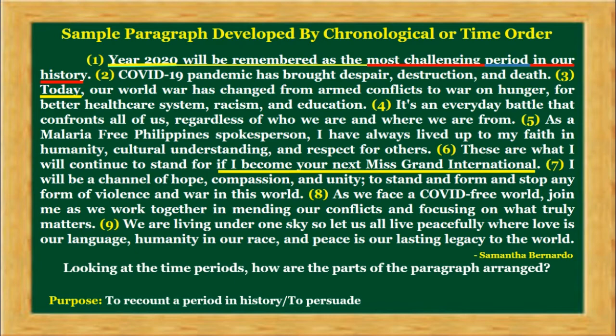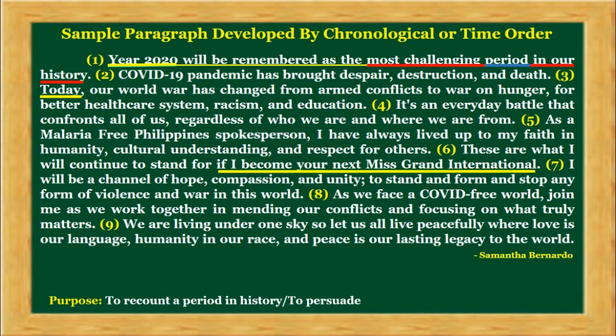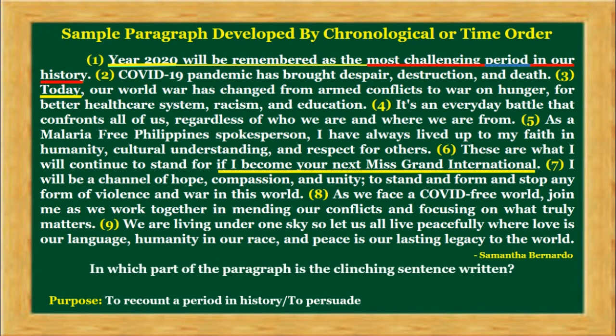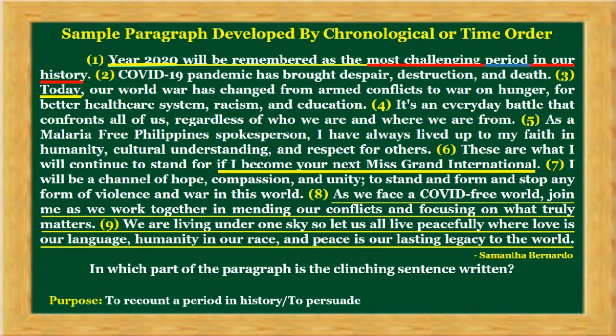The parts of the paragraph are arranged from past to the future. In which part of the paragraph is the clinching sentence written? The clinching sentence is written in sentences number 8 and number 9. What is the purpose of the clinching sentence? The purpose of the clinching sentence is to offer a suggestion.